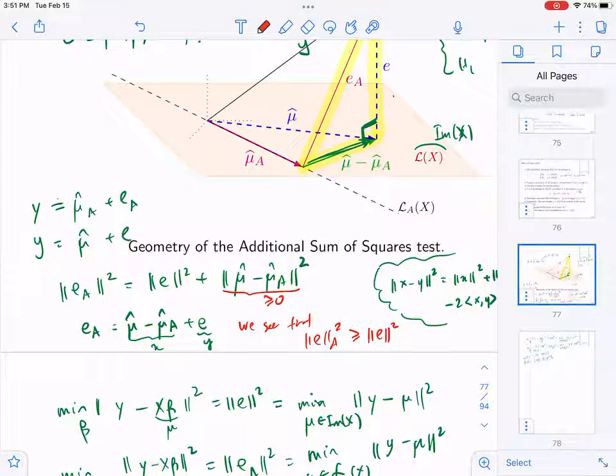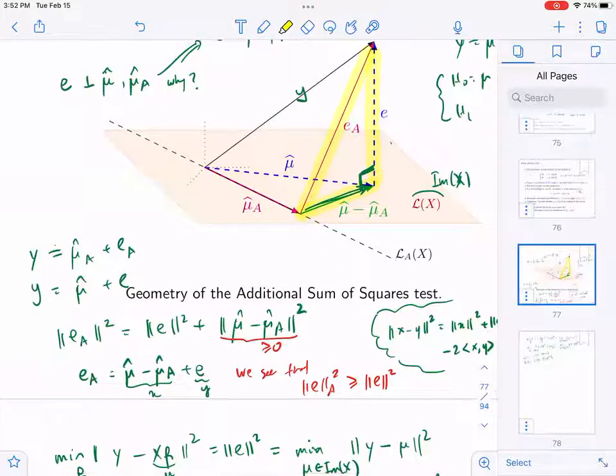Mu hat A and mu hat: you're talking about basically this guy and this other guy. What do you think? Are they perpendicular? You can imagine moving this y around.